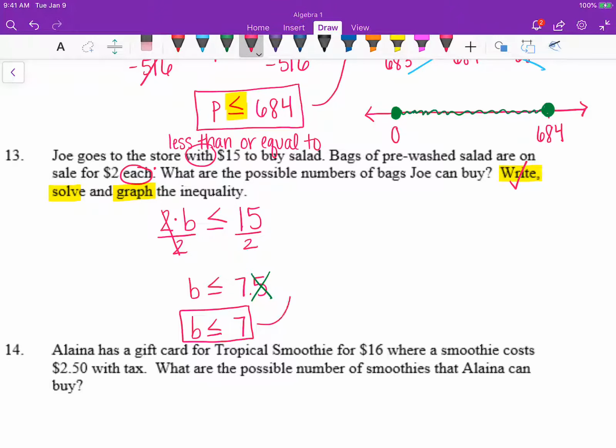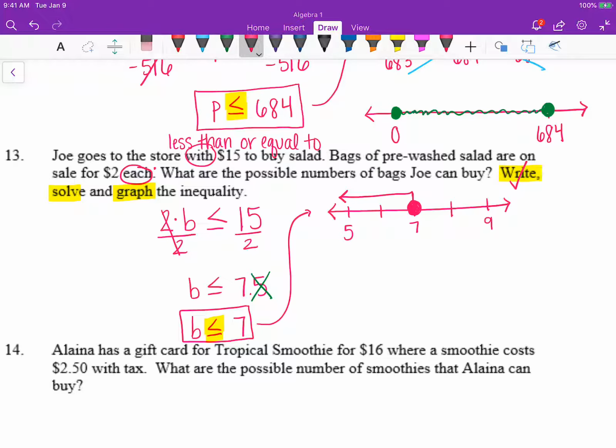So when I go to graph this, I'm going to draw my number line. Most people will put 7 in the middle and then say 8 and 9 over here, or 6 and 5 over here. And most of you guys know to do a closed circle at 7 bags of salad. And because the symbol is pointing left, then we would graph it going to the left. But here's the deal. Again, to the left means all the way to the left, which is 6, 5, 4, 3, 2, 1, 0, -1, -2, -3, and so on.